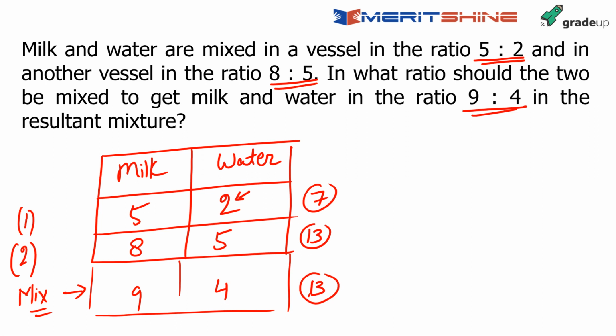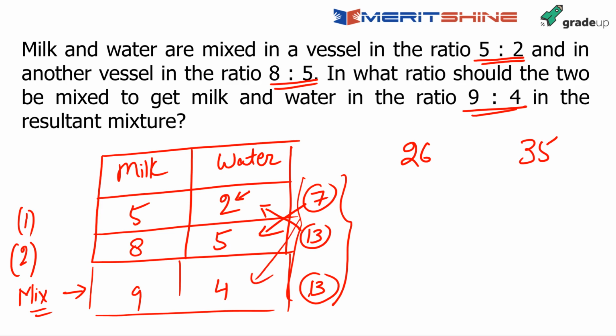I'll look at just this number, 2 into 13, which is 26. This multiplication is exactly the same way we were doing last time. Now look at this one, 7 into 5, this is 35. And since this is also 13 and you have to look at this LCM only, this would also be multiplied by 13. So 7 into 4 becomes 28. This is exactly what we are doing now.